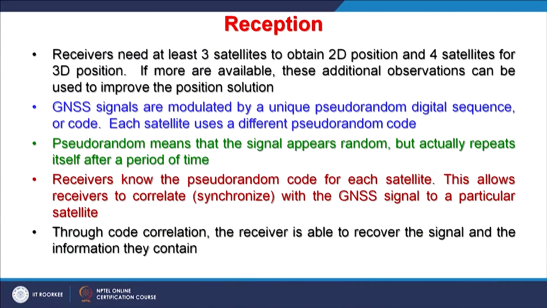Through this code correlation, the receiver is able to recover the signal and the information it contains. If you switch on after a very long time, then this correlation is not possible, and that is why it takes more time to decode these pseudo random signals.